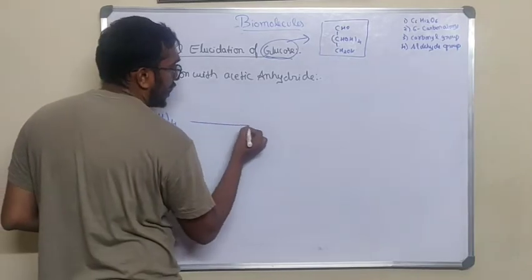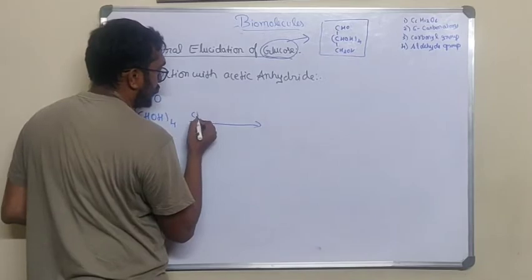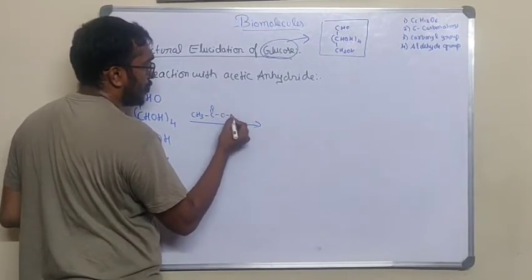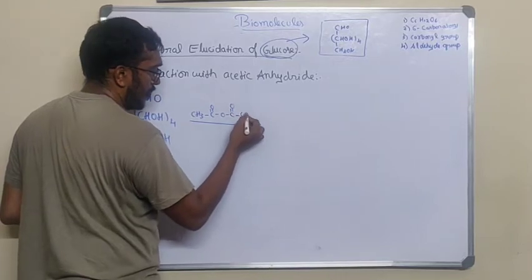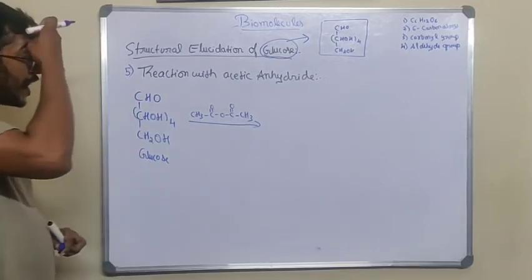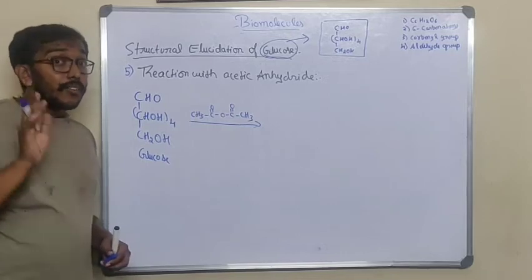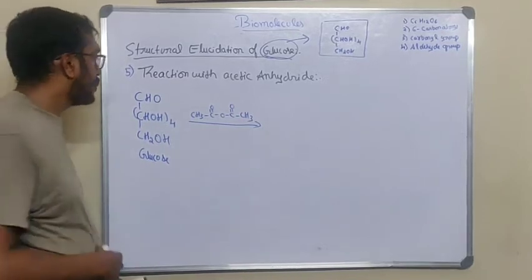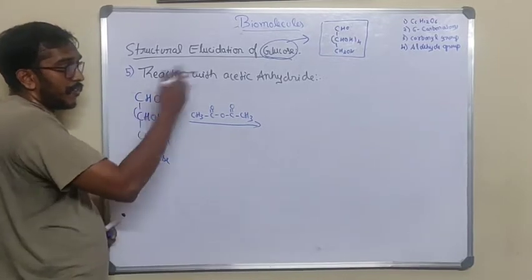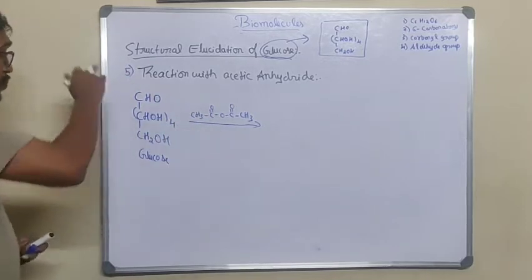Then glucose is treated with acetic anhydride, CH3 bond C double bond O bond C double bond O bond CH3. We are going to get a product called glucose pentaacetate. How is the structure going to form here? Here there is no OH group. This is the aldehyde group, so the acetate group is not going to attack here.